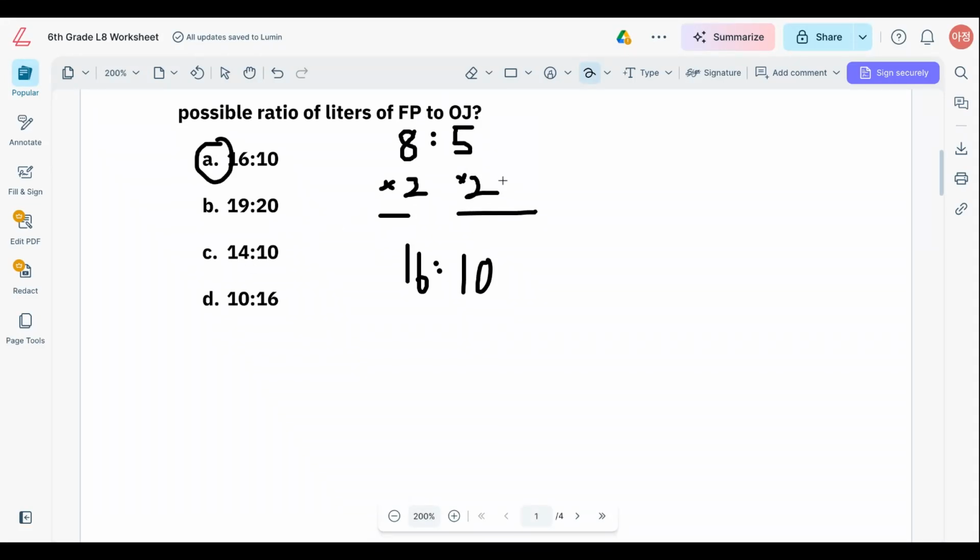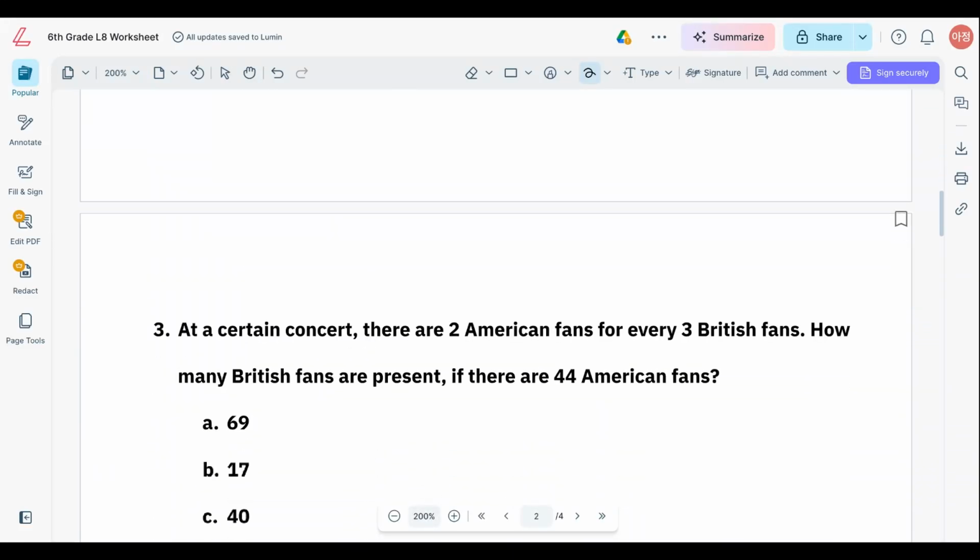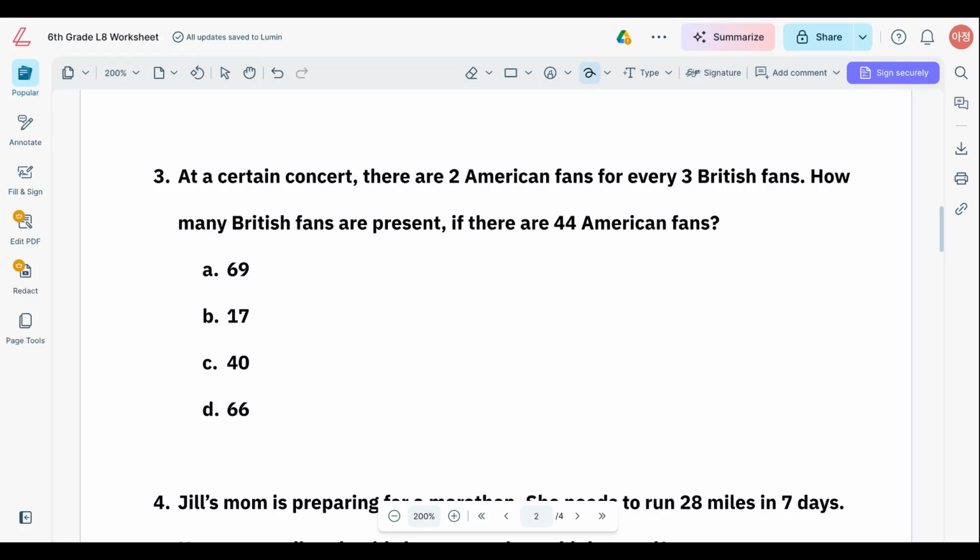For C, if you multiply by 2 to get 10, but then you multiply 2, that'll give us 16. So C isn't the right answer. And then D is switched. It should be fruit punch to orange juice, but D is given as orange juice to fruit punch. So A is the correct answer. That's how we double check.